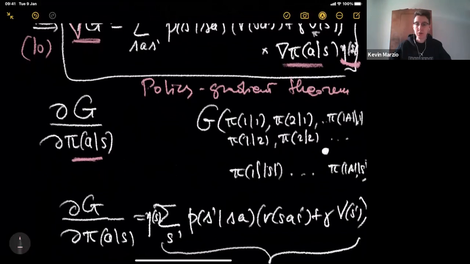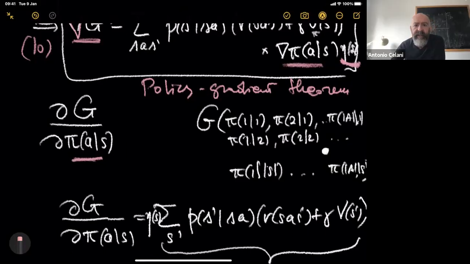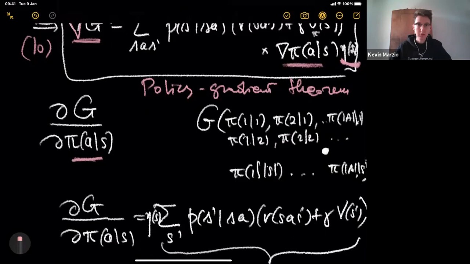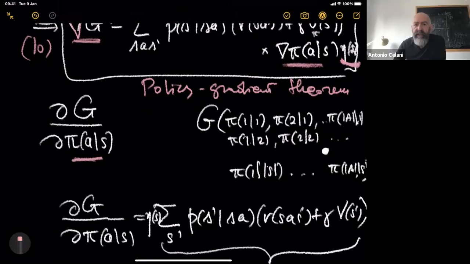Sorry, can I ask a question? Yes, sure. In this case, the value function is depending on the policy. Yes, of course. And also eta does depend on the policy.